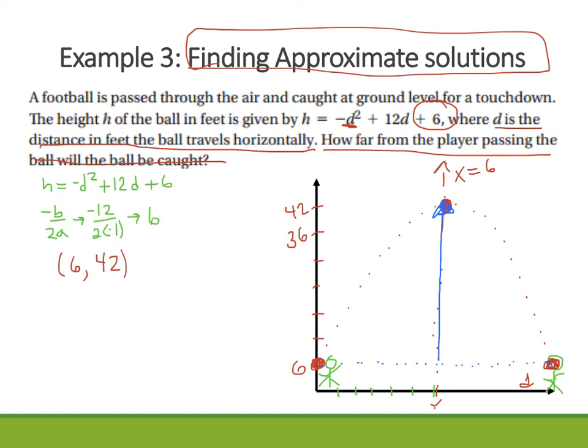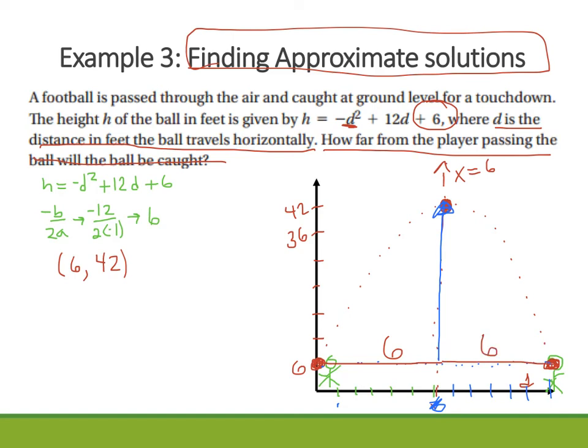Do you see it? Well, if you count your numbers down here, 1, this is 6. Right here, that's a 6. So 7, 8, 9, 10, 11, 12. Remember that the axis of symmetry divides this into 2 equal halves. So if from here to here is 6 feet, that means that from here to here is another 6 feet.